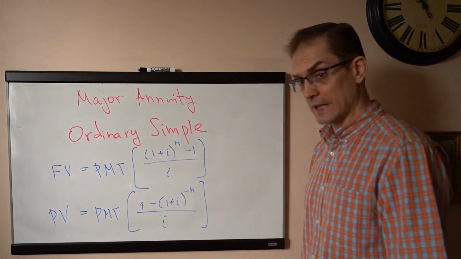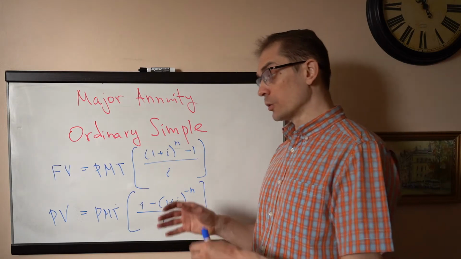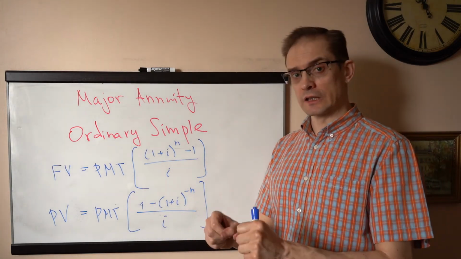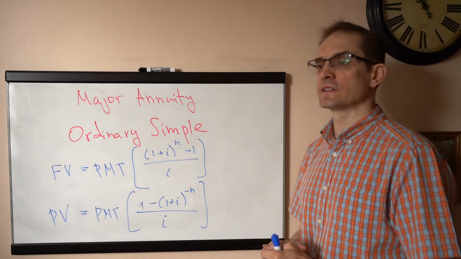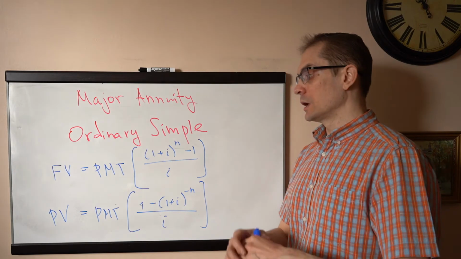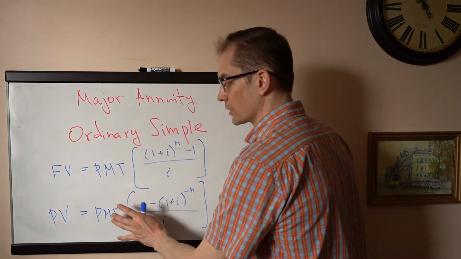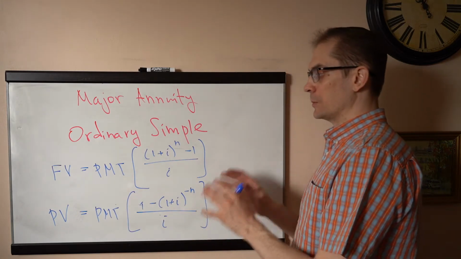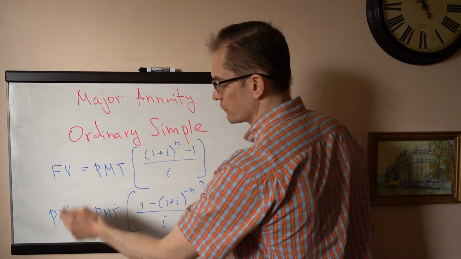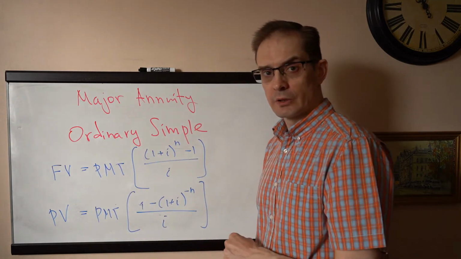Okay, so if you have any other type of annuity except ordinary simple, you will not be able to use these formulas directly. There will be some necessity to make some modifications to your solution to be able to use one of those formulas. So, important point: these formulas are only valid for ordinary simple annuity.